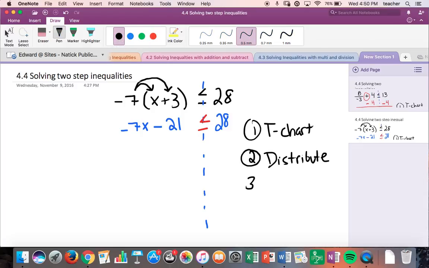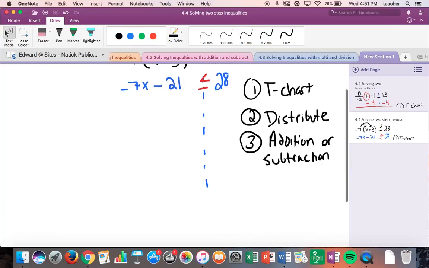Step 3 is, we distributed, so we dealt with parentheses. Then we look for exponents, and we say, nah, nothing here. So next we move through the order of operations, but remember when we're solving, we need to use them backwards. So this is going to be looking for addition or subtraction.